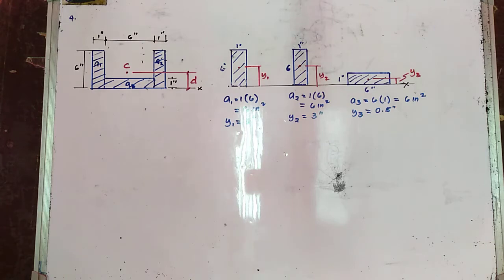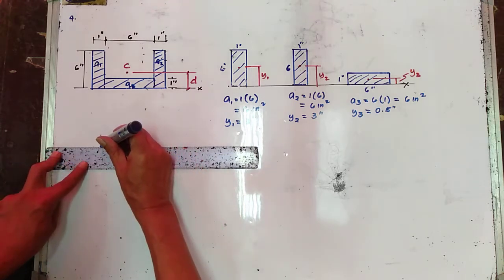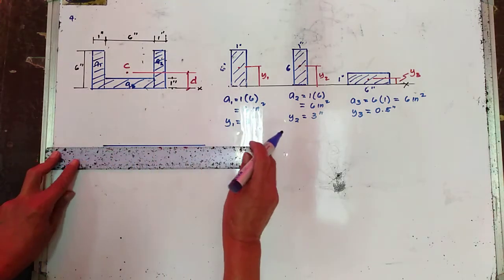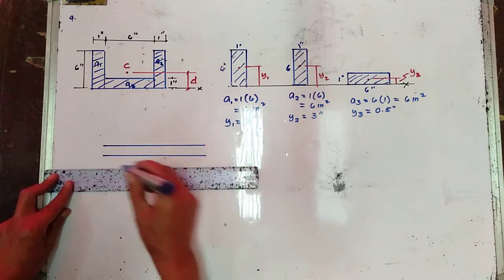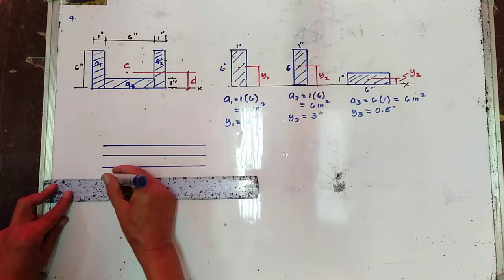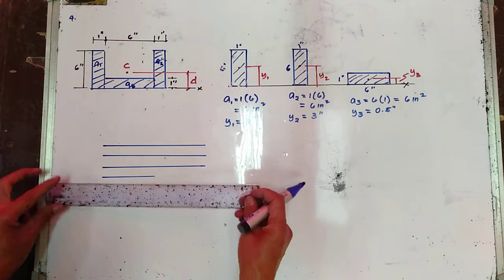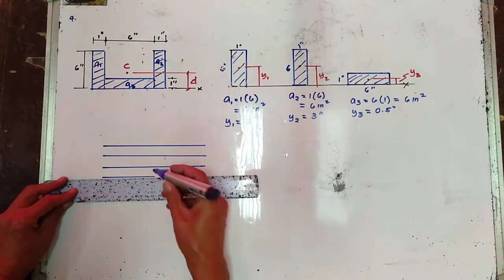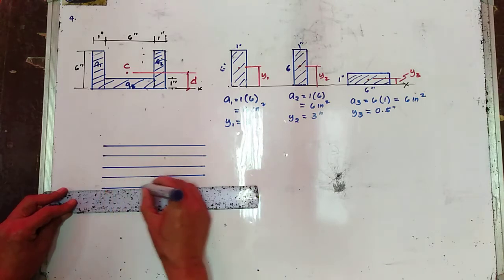Now, let us try to tabulate the results. So we have area 1, area 2, and this is now your area 3.